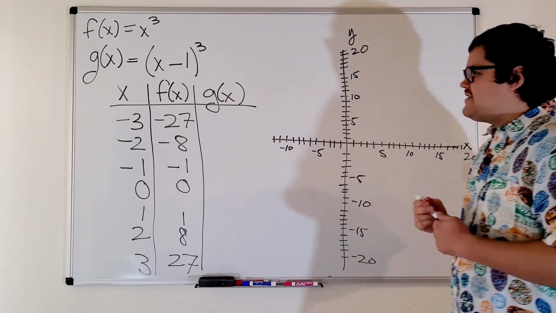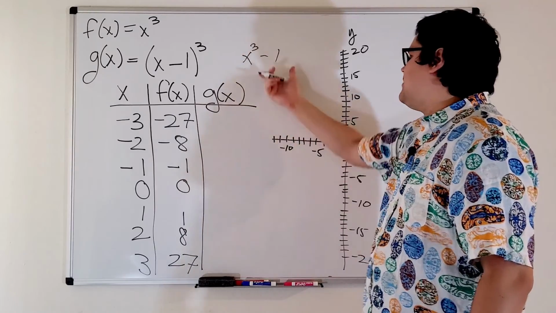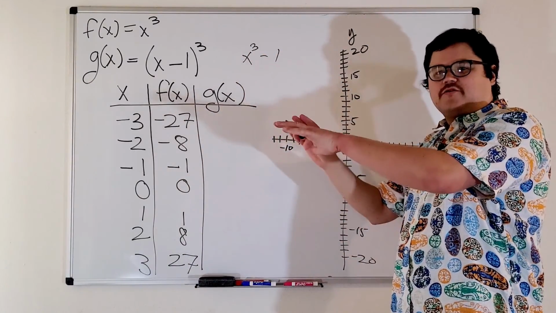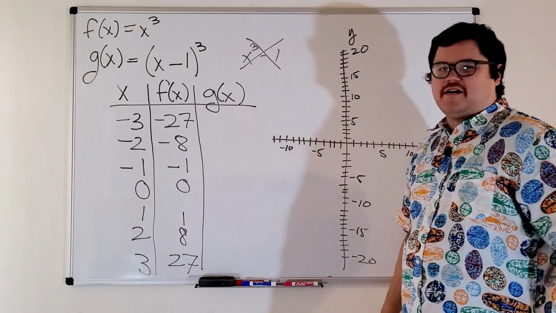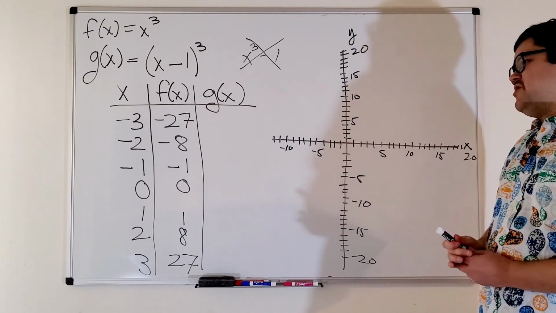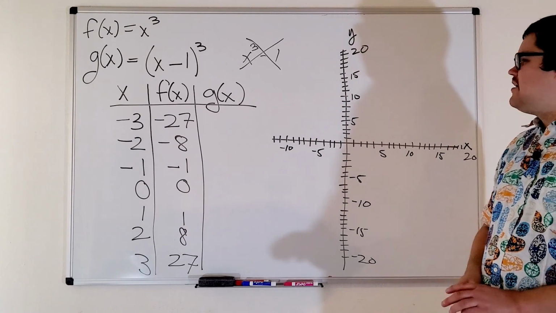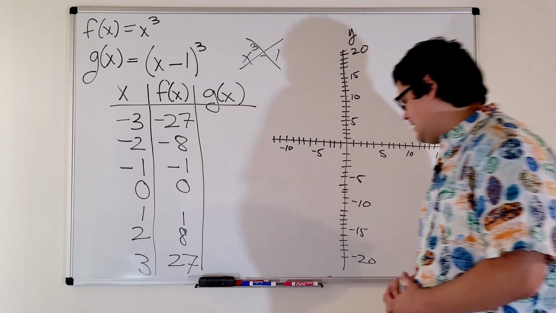Now this is not the same as x cubed minus 1. Remember, we just saw x cubed minus 1. That'll be a vertical translation down by 1. It's not what's happening here. So, what's going on with g of x? Let's fill out our t-chart and see what happens.